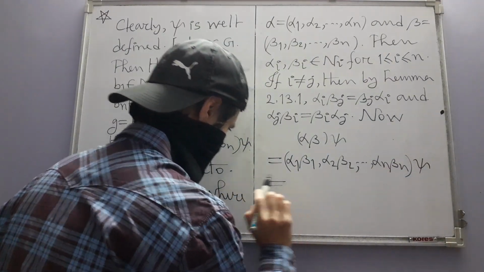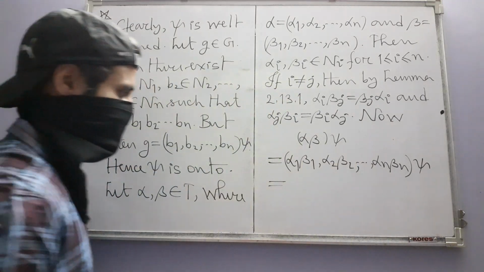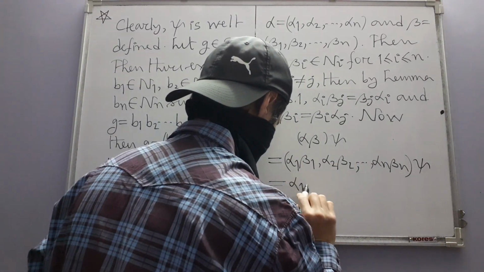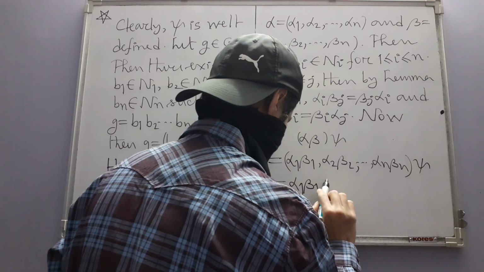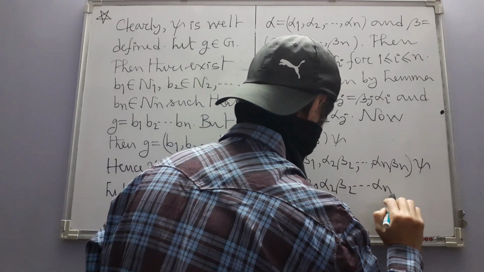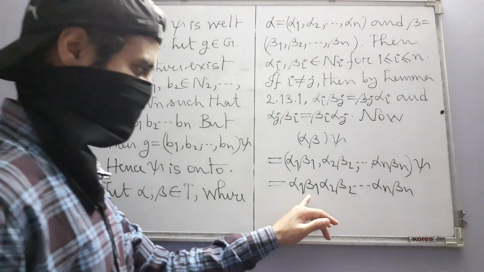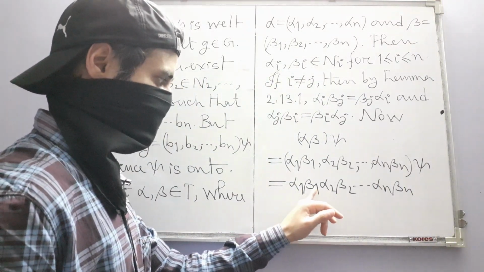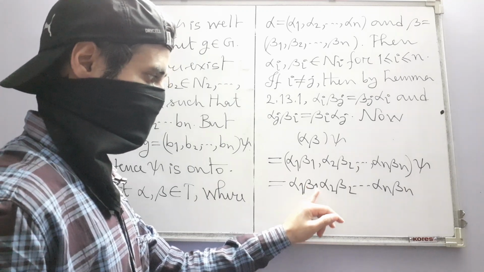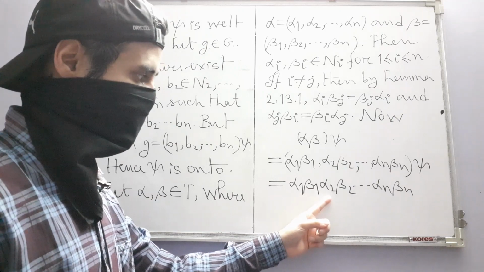Now, if you apply psi on this, that will just give us the product of these elements, that is alpha 1 beta 1, alpha 2 beta 2, and so on, alpha n beta n. However, in this product you encounter such things, beta something times alpha something else, beta i alpha j.